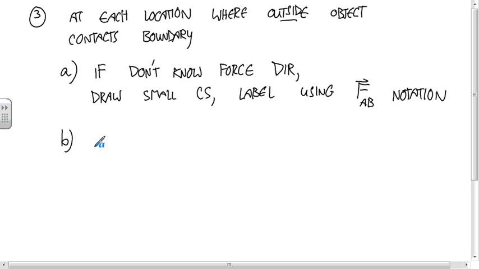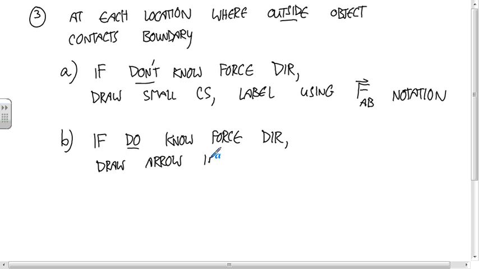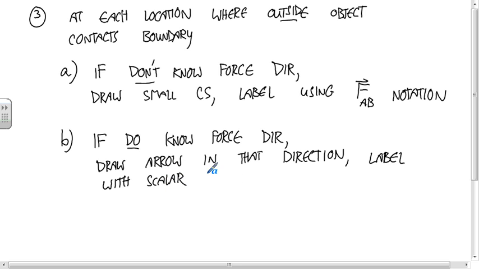If, on the other hand, you do know the force direction, draw an arrow in that direction, and label it with a scalar value or variable.